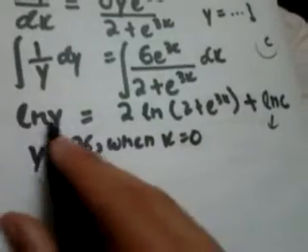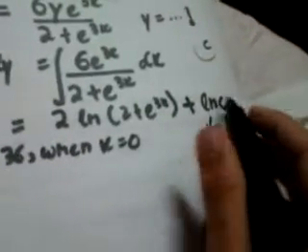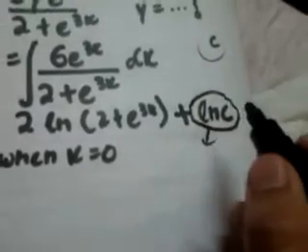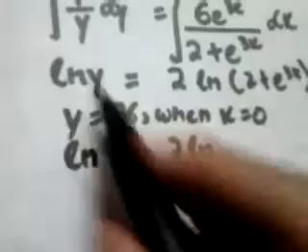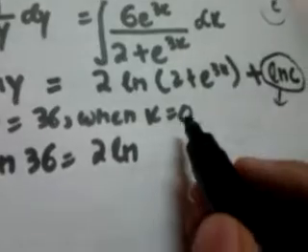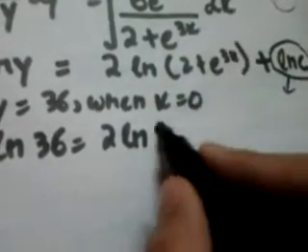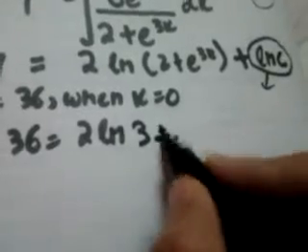If we put these values here, we can find the constant. Notice that we need to find ln c, not c. So ln 36 equals 2 ln(2 plus e to the power 3 times 0), that's 2 plus 1, ln 3, plus ln c.